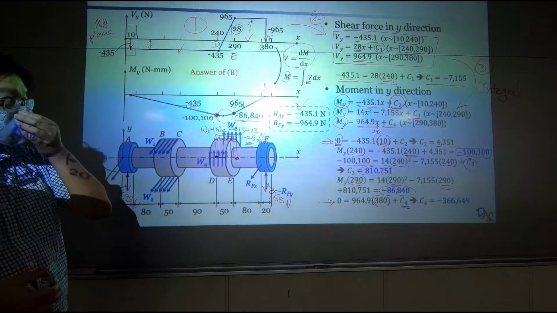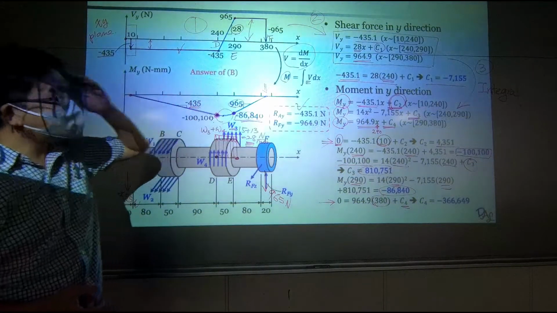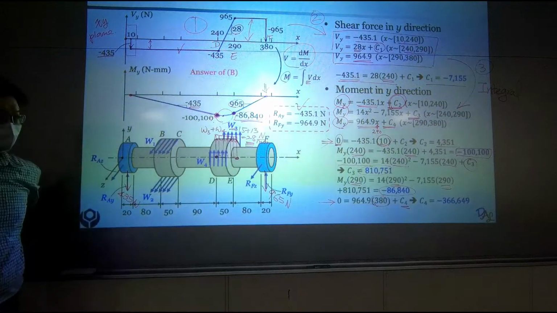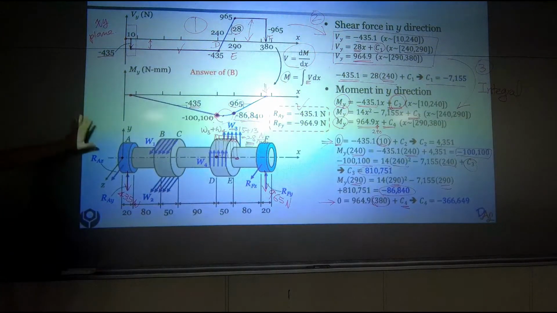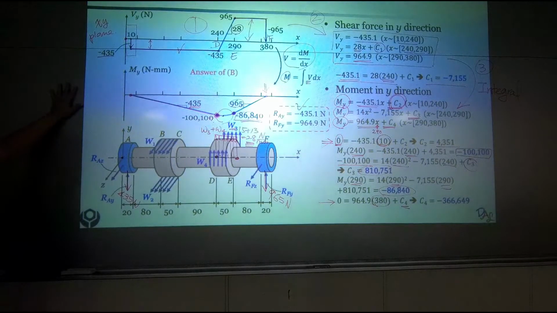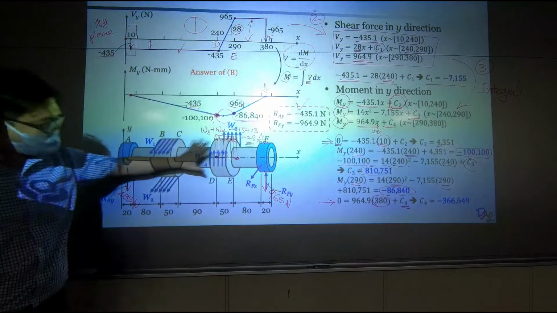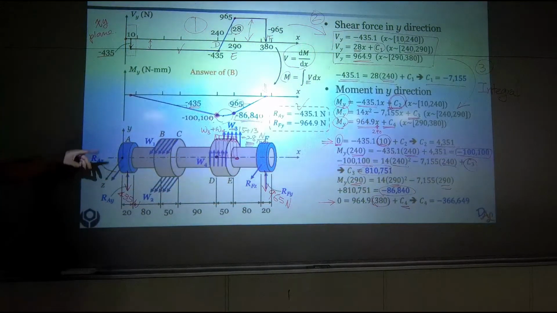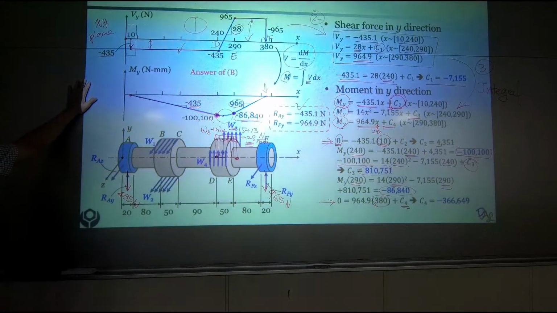So at the end, this is how the entire bending moment diagram looks like on the XY plane. So this is how this shaft is being bended on the XY plane. So what's the shape?